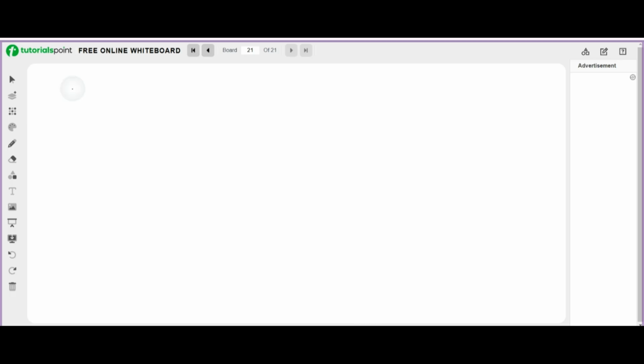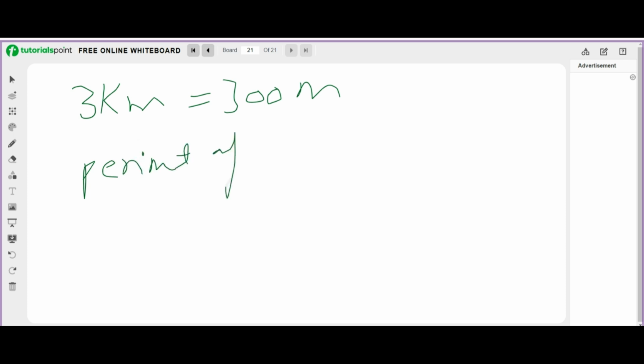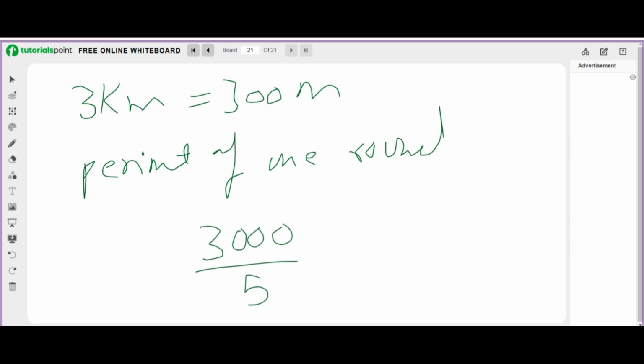So the 3 kilometer is 3000 meter. So it will be written as the perimeter of one round. Then it will be 3000 divided by 5. Then it will have 600 meter.